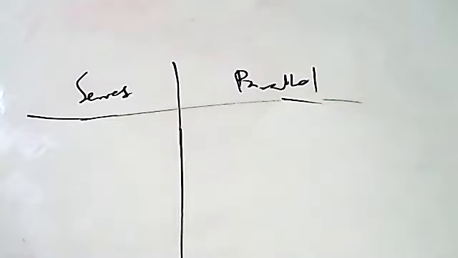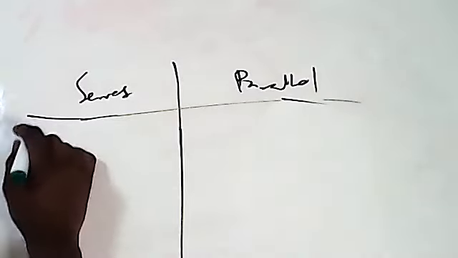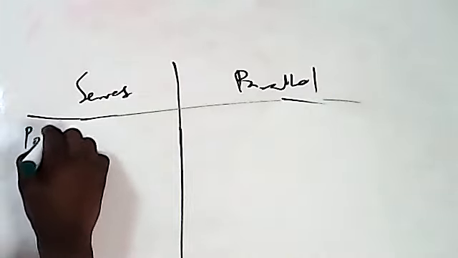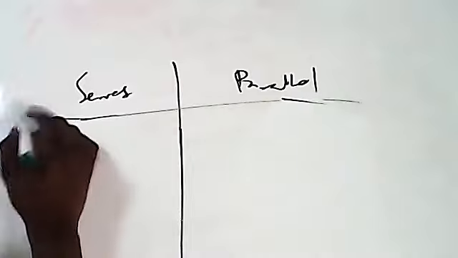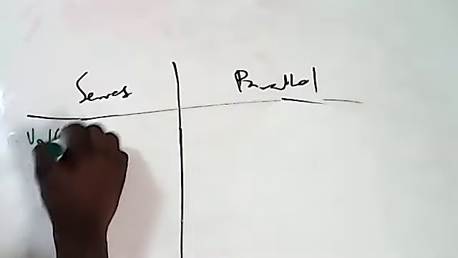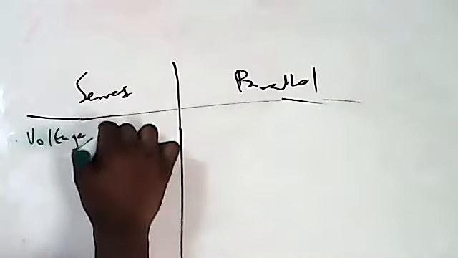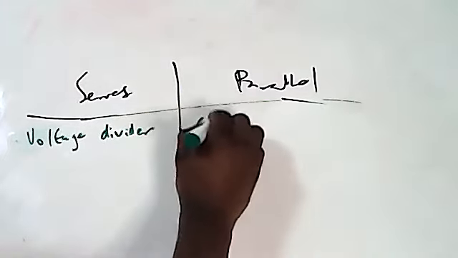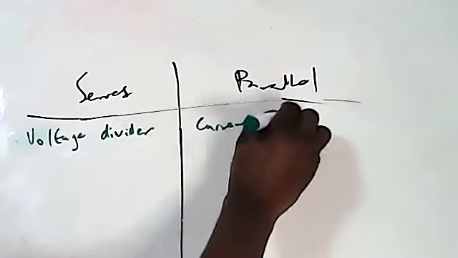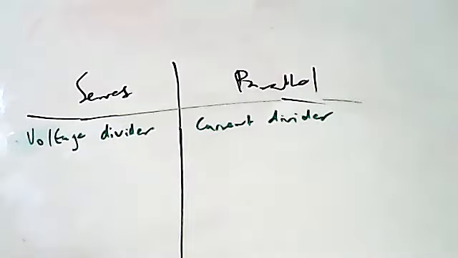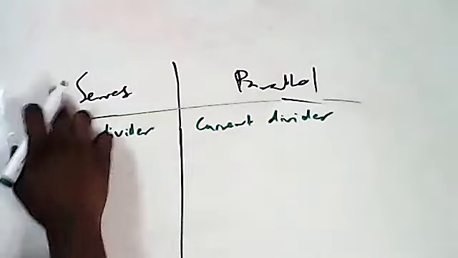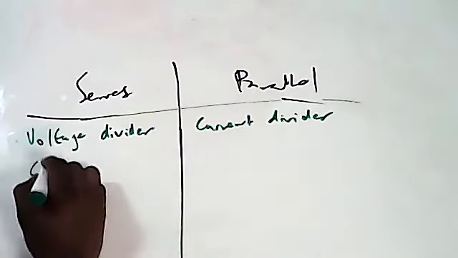Number one, the series circuit is also known as the voltage divider, right? And the parallel circuit is also known as the current divider. And I'm going to explain why. Reason being, when you are in a series circuit, the current is the same.